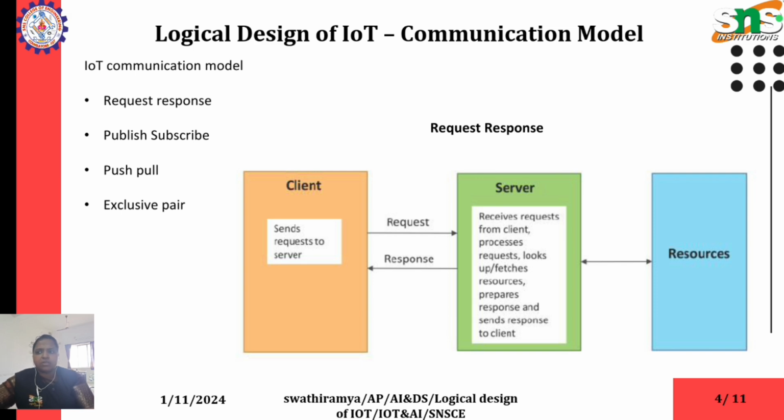When the server receives the request, it decides how to respond, and if data is needed, it goes to the resource and retrieves it. The request-response model is a stateless communication model, and each request-response pair is independent of the others, so they can work independently.